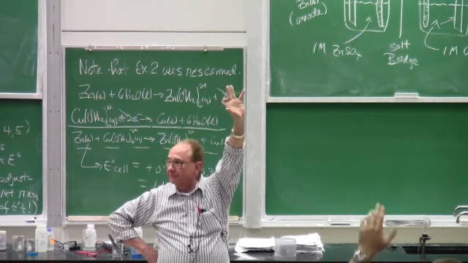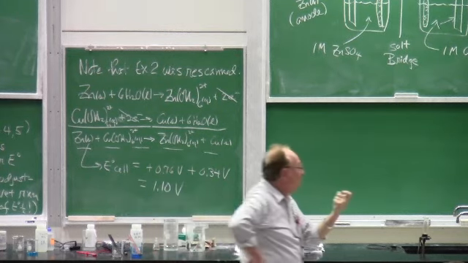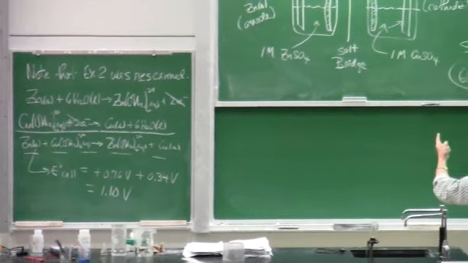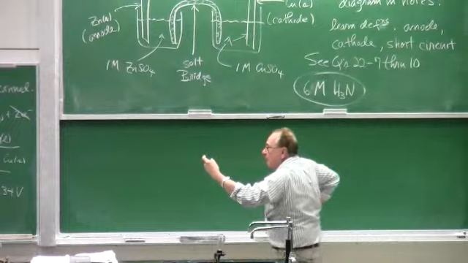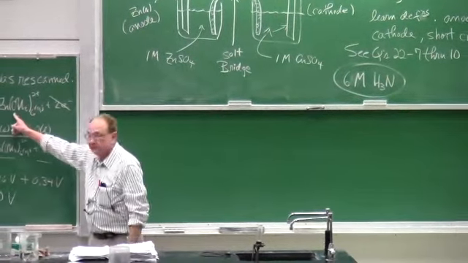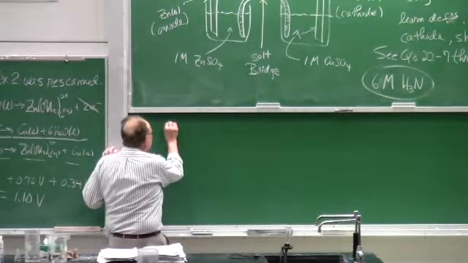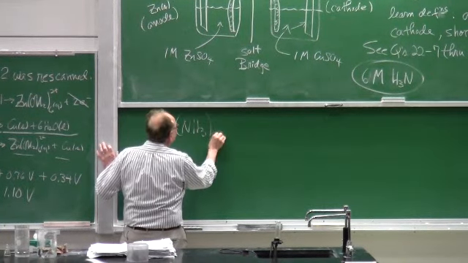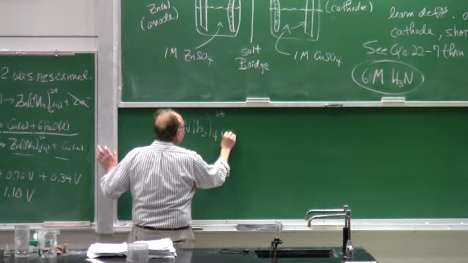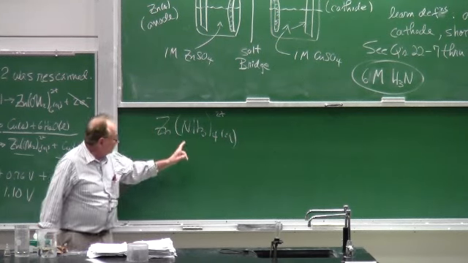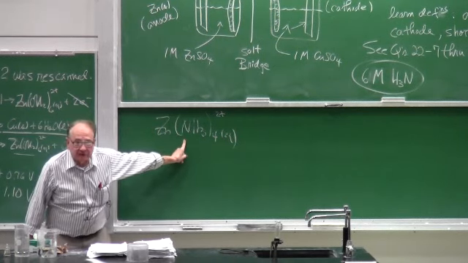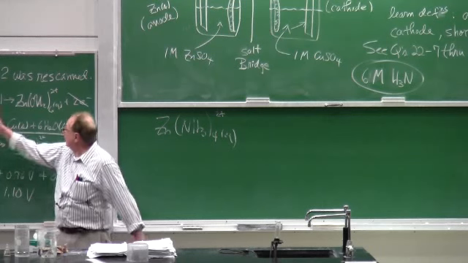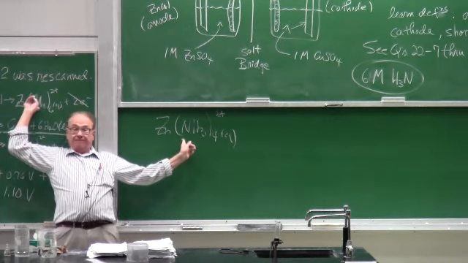Because if you look at the table, it tells you, if you put ammonia in the zinc ion half cell, zinc will now be oxidized, but no longer to this. Now zinc will be oxidized to this. How does the thermodynamic stability of this compare to the thermodynamic stability of this?